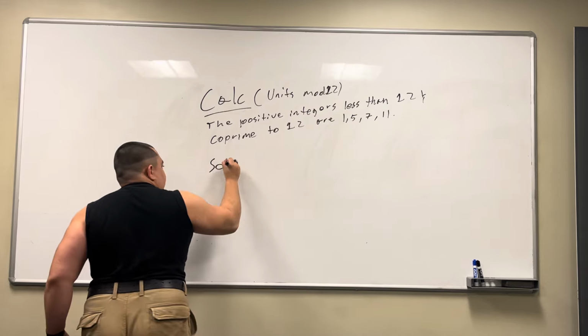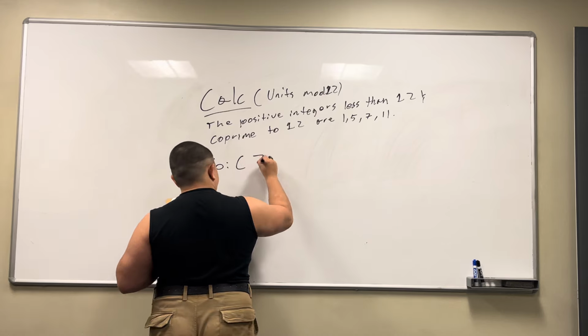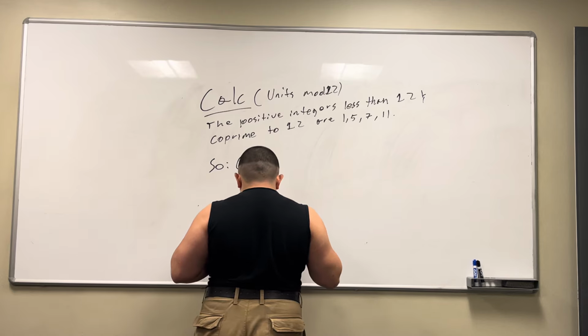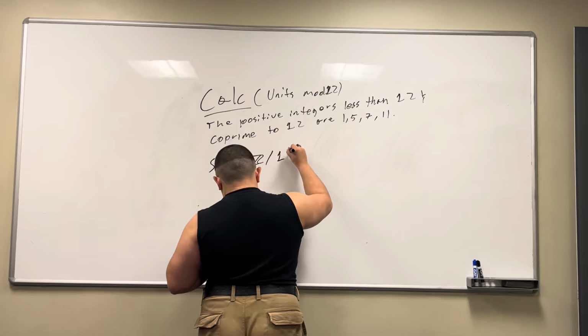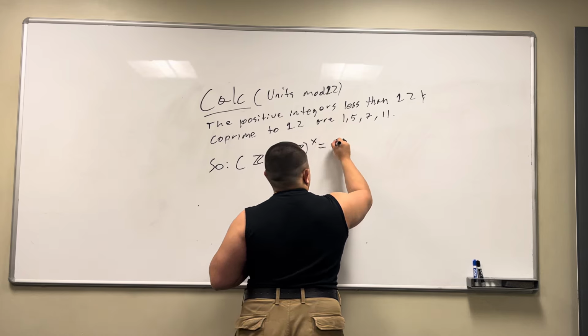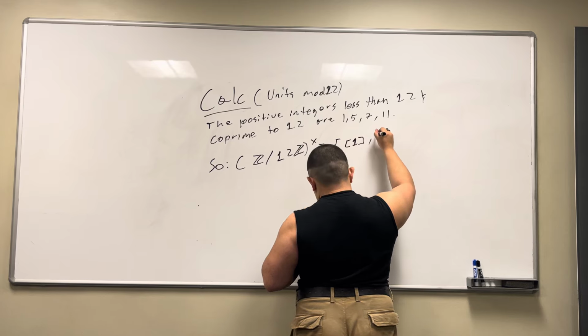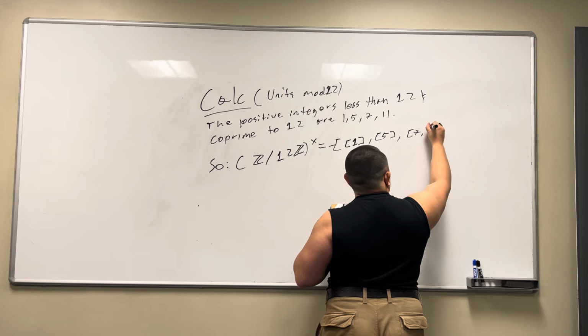So the set of units mod 12 is equal to 1, 5, 7, 11, right?